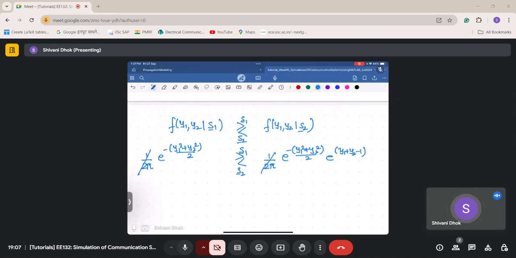This gets cancelled. This also gets cancelled. So what we have is 1 if it is greater than s1, if it is less than s2, of what? e power y1 plus y2 minus 1.